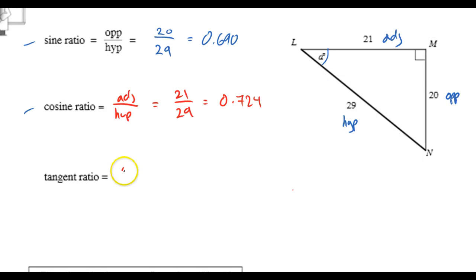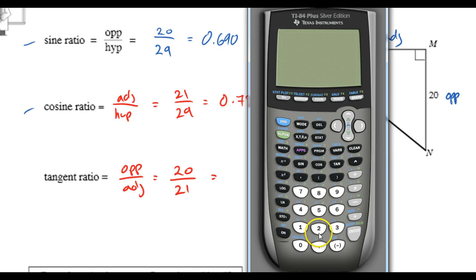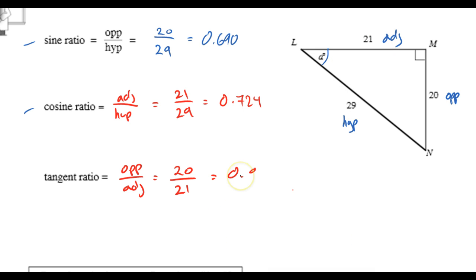Now tan is opposite over adjacent, and that's 20 over 21. In decimals, 20 divided by 21 is 0.952. Okay, so those are our ratios, the ratios of the lengths of the sides, and those are the three ratios.